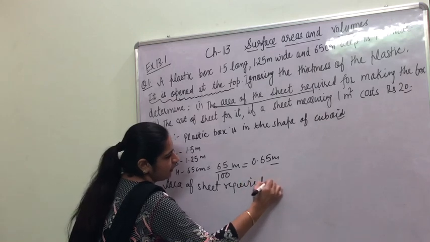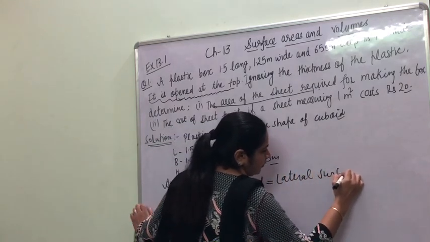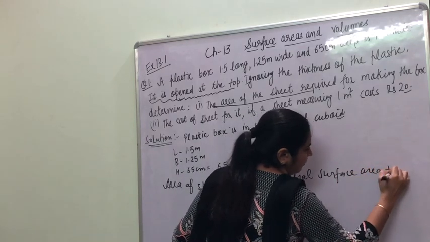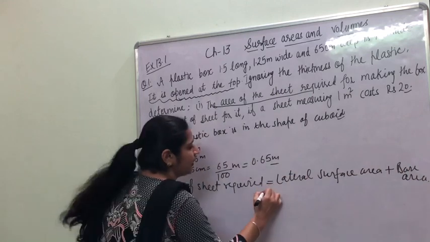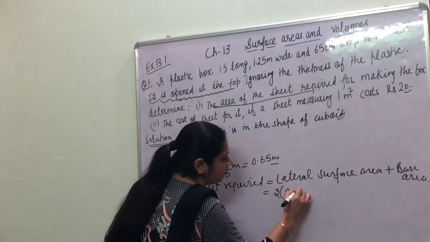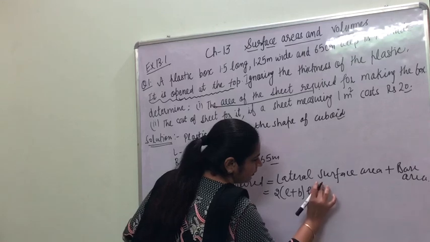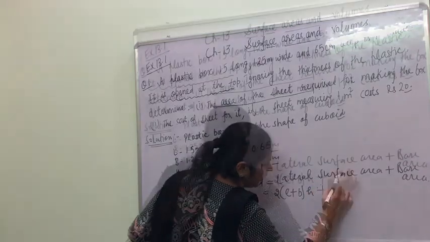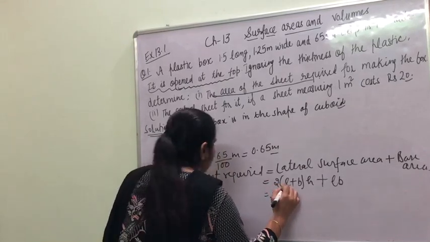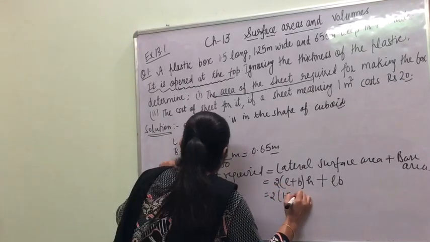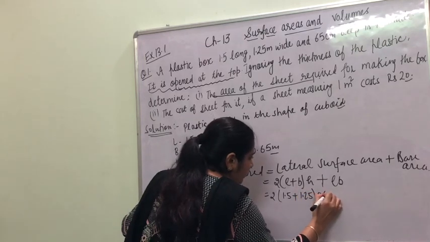this is lateral surface area plus base area, and we all are aware of the lateral surface area of a cuboid, which is equal to twice of (l plus b) into h plus, now we are substituting the value of length, breadth and height. l is given as 1.5, breadth is 1.25 and height is 0.65.